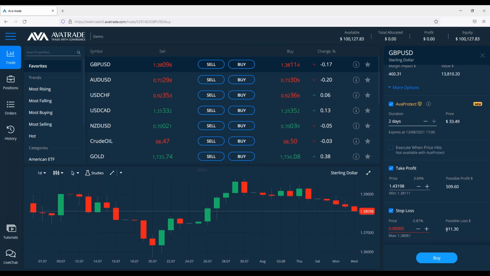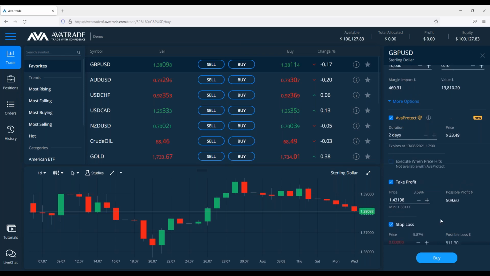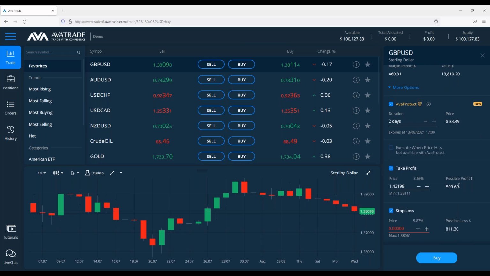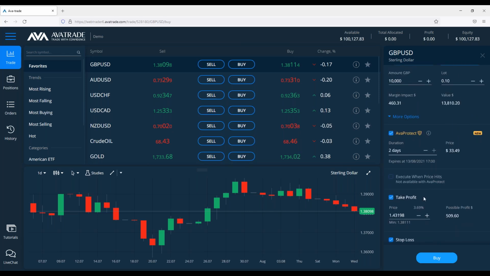If we have succeeded and we were supposed to make $600, we'll make 509, and then we'll pay the fee. If we were supposed to lose 811, we'll see the loss in the platform, but we'll gain it back, as long as the position is protected.